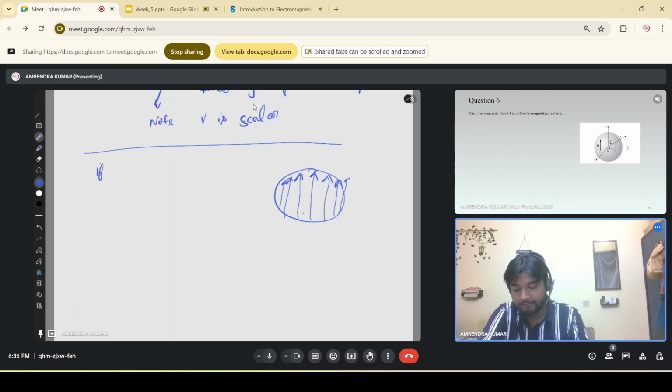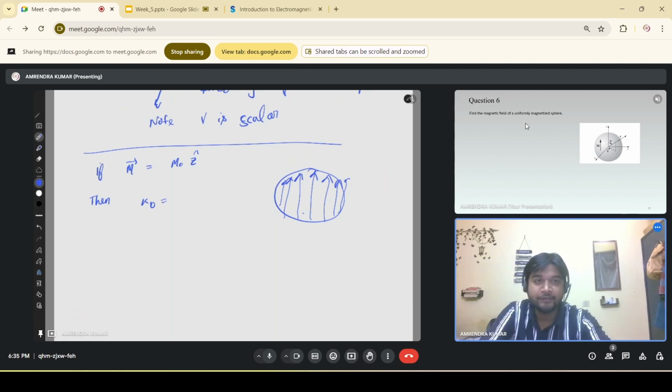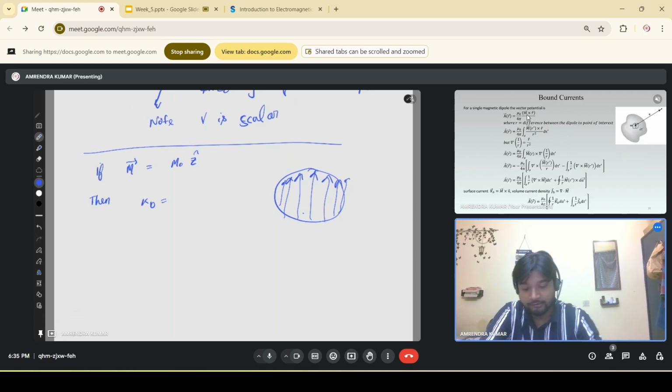That means if M is M naught along the z direction, then we have just seen that Kb can be calculated as the cross product M cross n cap.